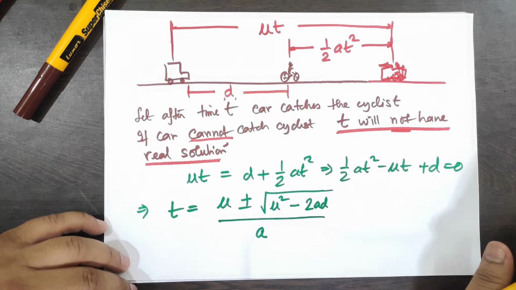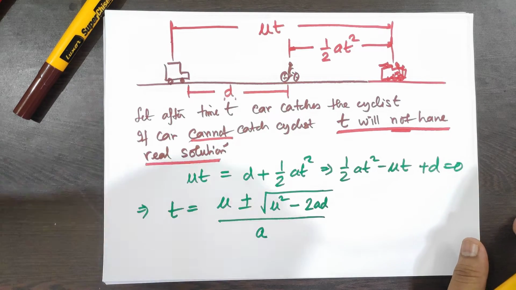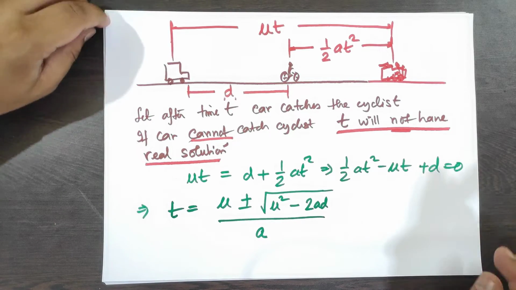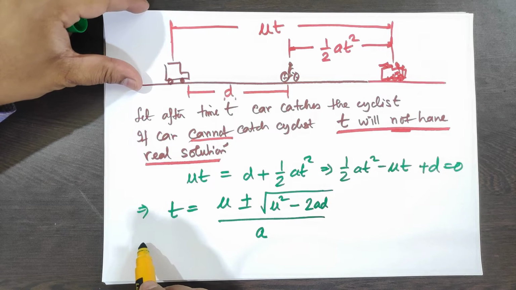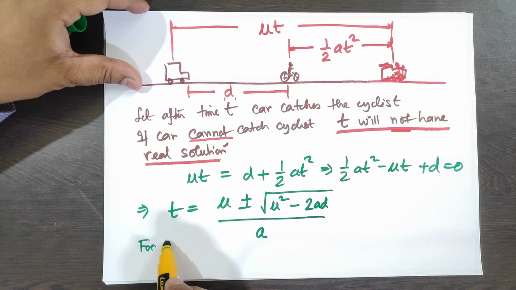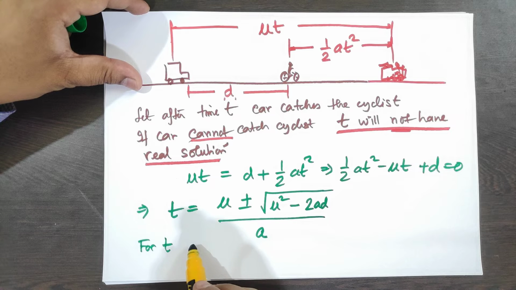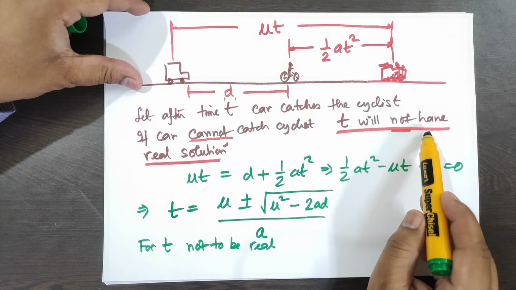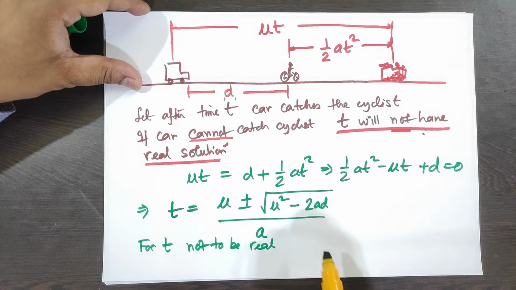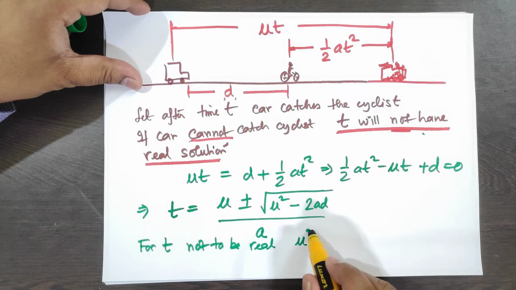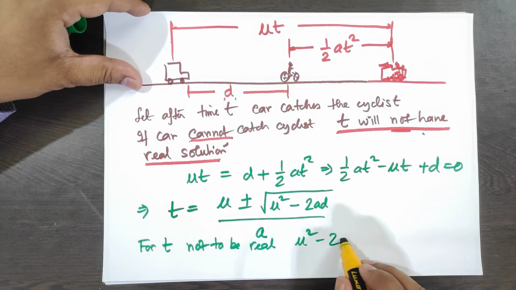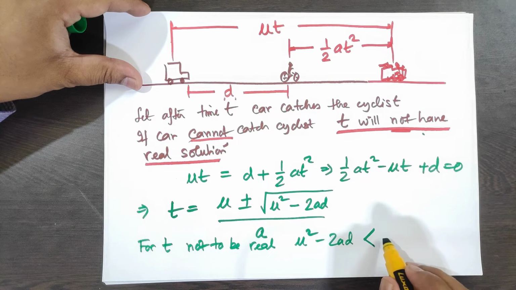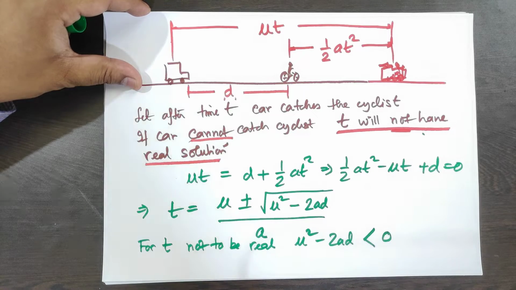Okay, obviously you should not worry about this plus and minus sign. For t not to be real, why? T not to be real means the car cannot catch the cyclist, then the discriminant u square minus 2ad should be less than 0.